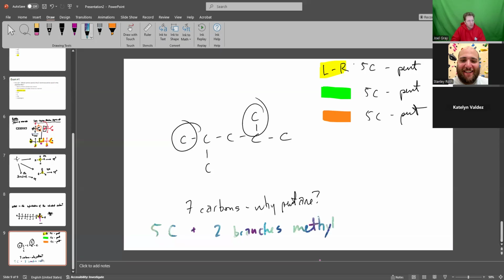Perfect. Awesome. Caitlin, you took that extra step. I was stopping with meth. But it's a methyl. And there are 2 branches, so they're both methyl. So since we have 2 branches, would you agree that we've got dimethyl?